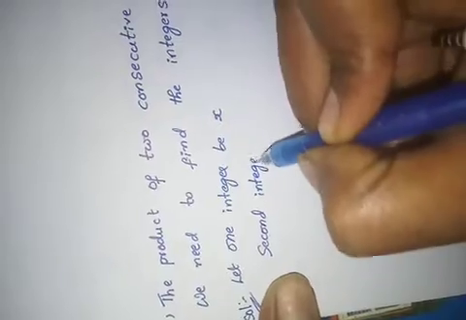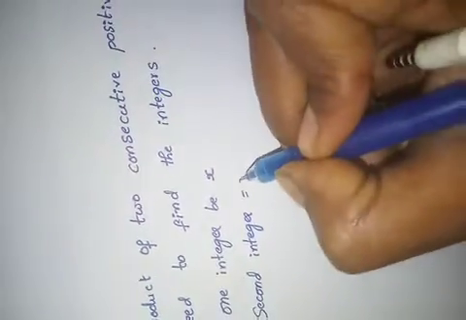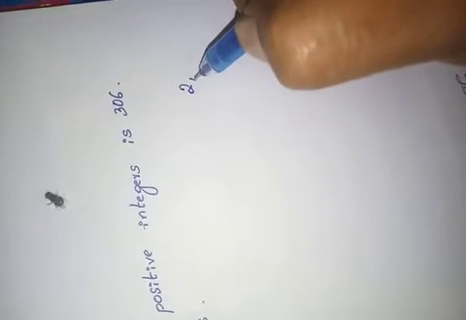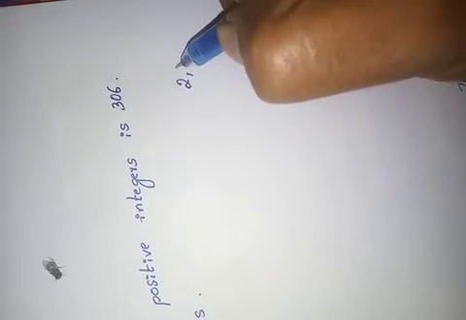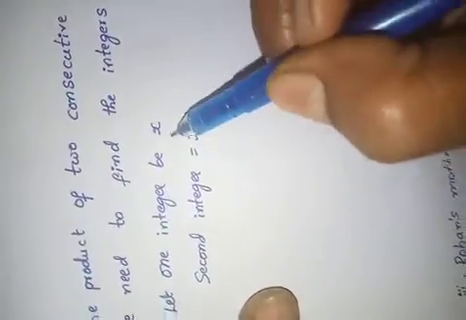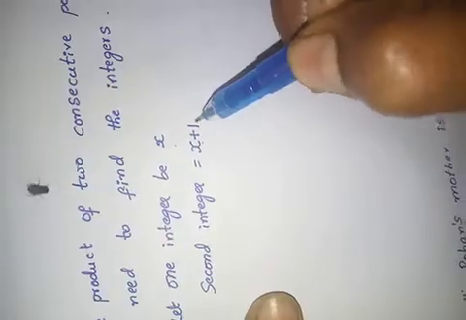Consecutive positive integers means if it is x, next is x plus 1. Consecutive positive integers means side by side values. If I take for example one positive integer as 2, the next positive integer must be 3. 3 means 2 plus 1, no? In the same way, one integer is x means the second integer becomes x plus 1.